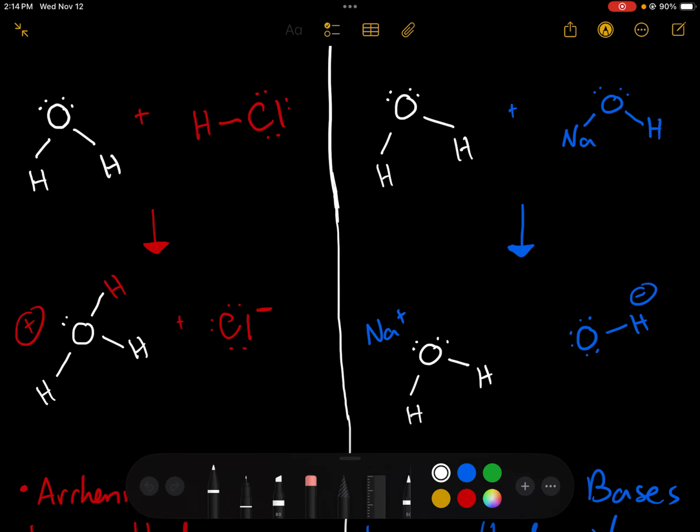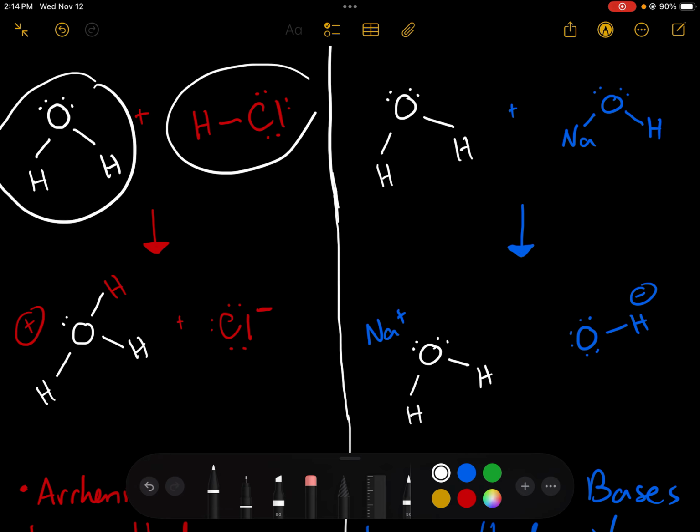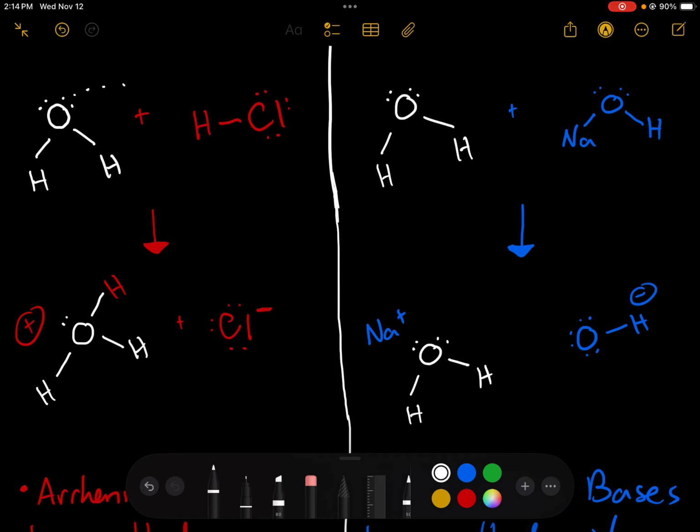So on the left-hand side with Arrhenius acids, we have a water molecule and the acid, hydrochloric acid, interacting with one another. And what happens during that interaction is essentially there's an attraction between the oxygen of water and the hydrogen in the hydrochloric acid, and that attraction is in fact strong enough to break the bond between H and Cl.